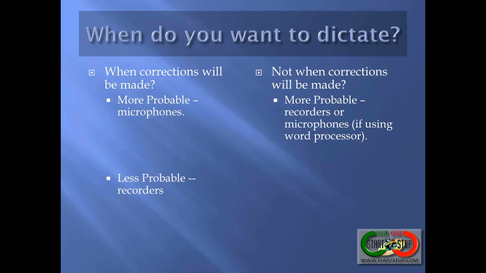And we can get into, as a matter of fact, I'll take a few moments here to talk about how that would work. Dragon has the ability, if you're dictating into a word processor, something where you're going to save a document, Dragon has the ability to save what's called a DRA file along with that document.